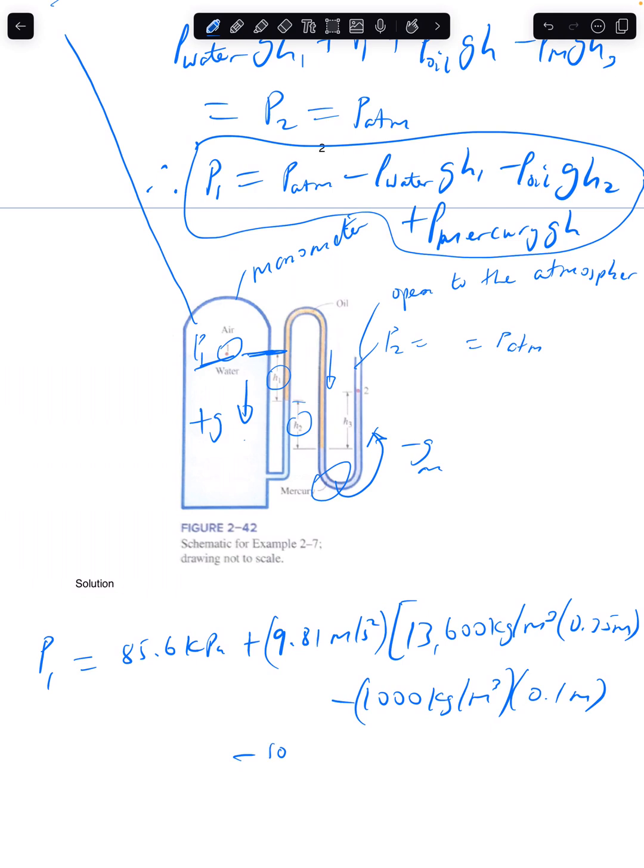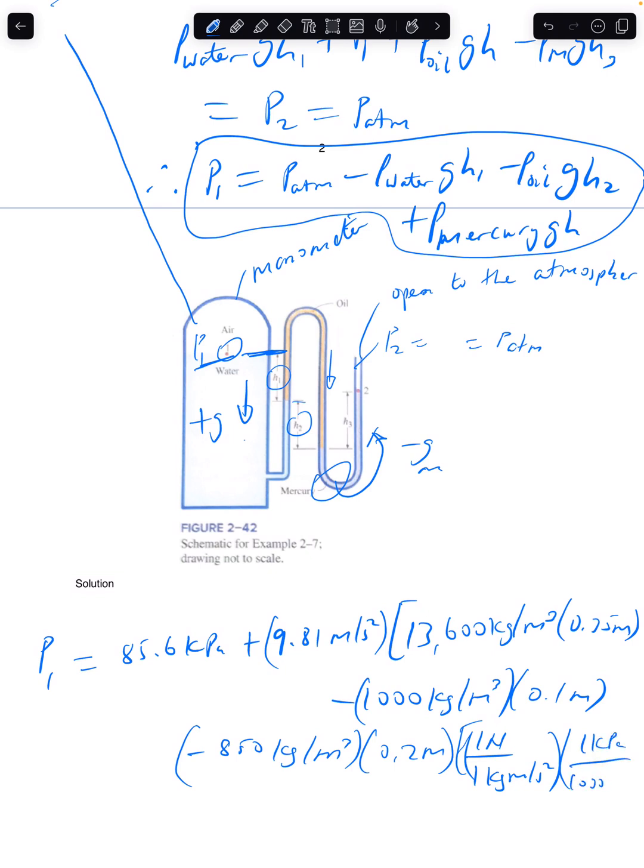minus 850 kilogram per cubic meter times 0.2 meter, and we are going to multiply by 1 Newton over 1 kilogram meter per second square, times 1 kilopascal over 1,000 Newton per meter square.